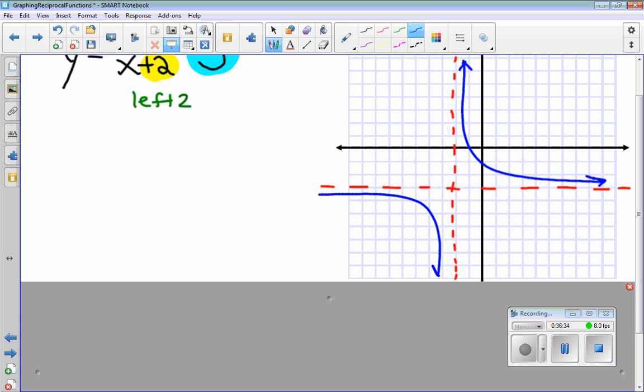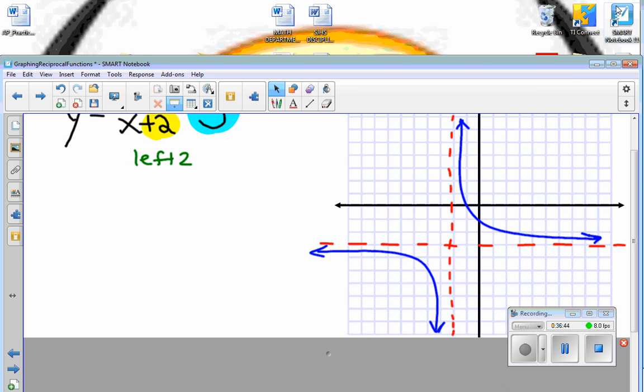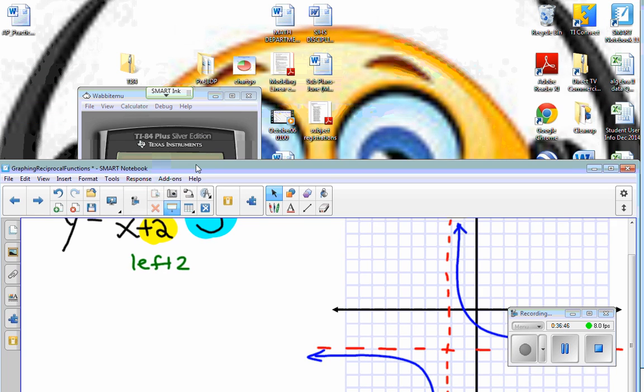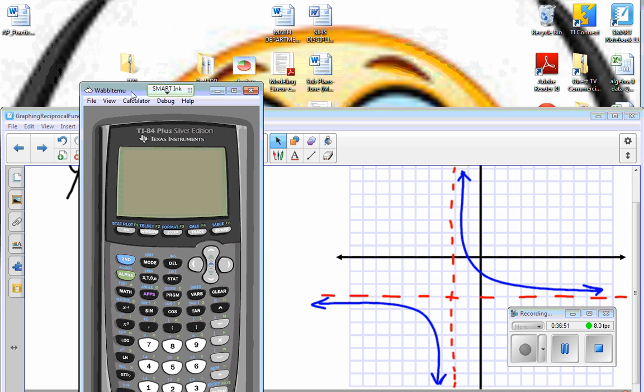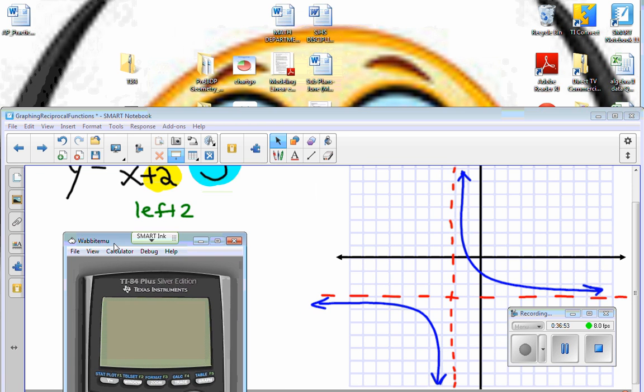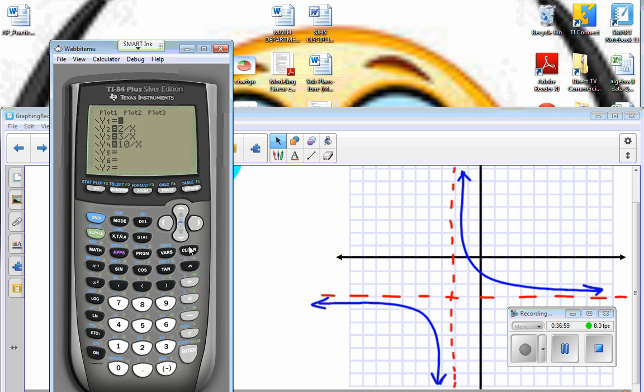Remember that this is the direction. I could go ahead and check some points on my table to be more exact if I wanted to. Probably not a bad idea. So let's plug that in real quick. What is it? X plus 2, minus 3. All right, so if we go here, we'll just clear all these out.